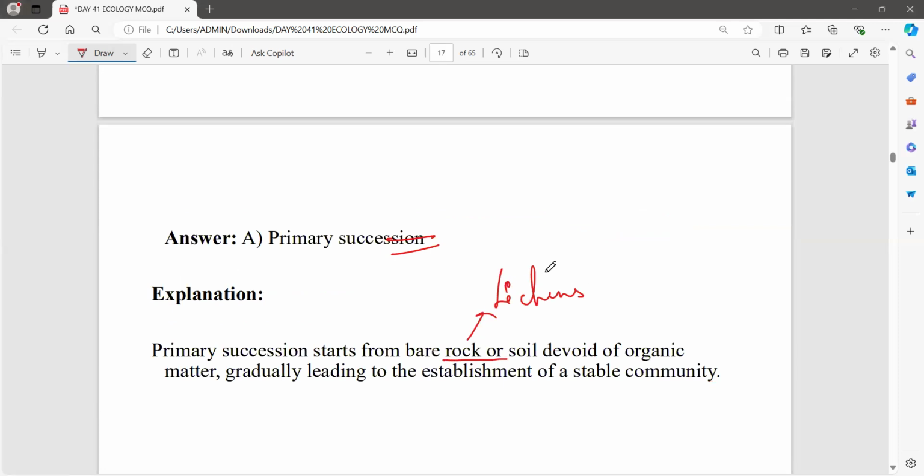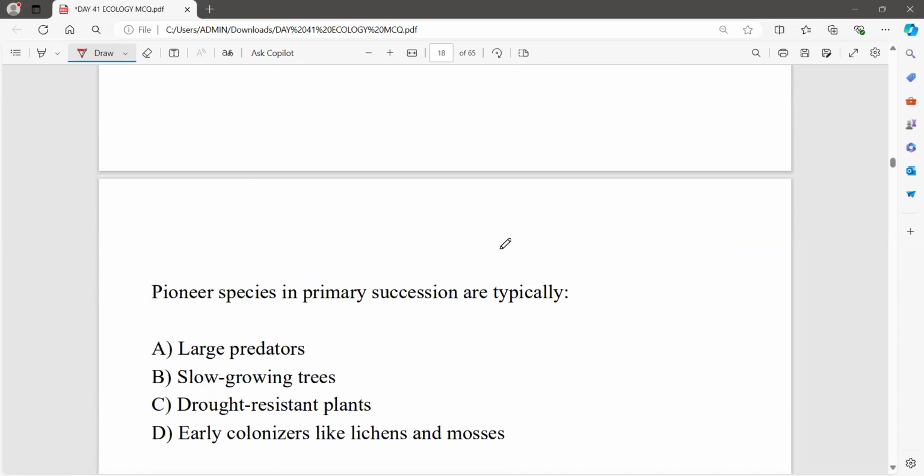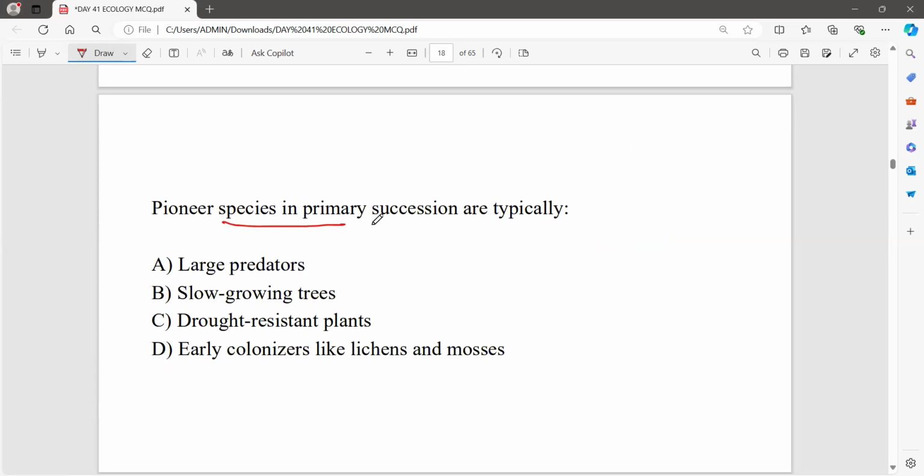And from the lichens, other organisms, and finally it leads to a climax community, and this is called a stable community. And the intermediate community is called a sterile community. Okay. Now, pioneer species in the primary succession are typically large predators, slow growing trees, drought resistant plants, or early colonizers like lichens and mosses.